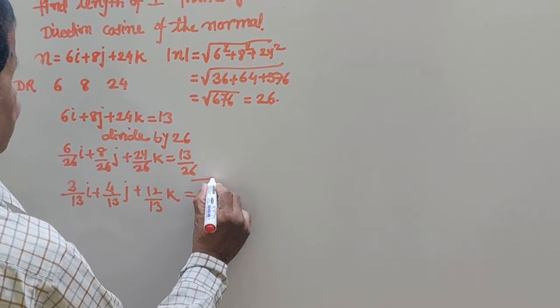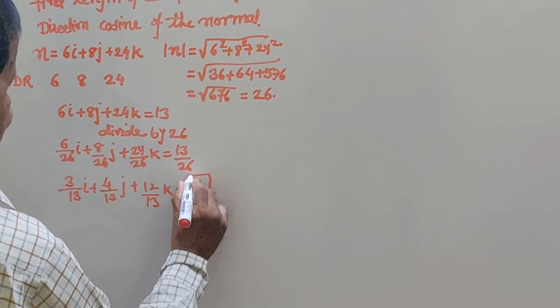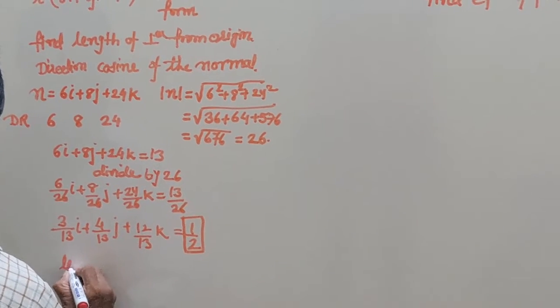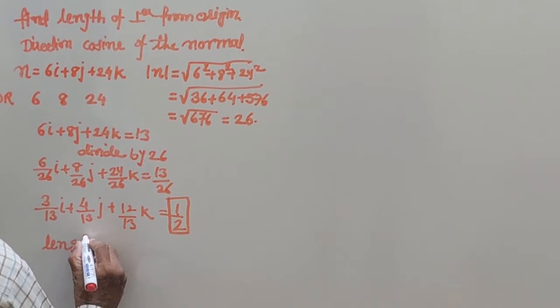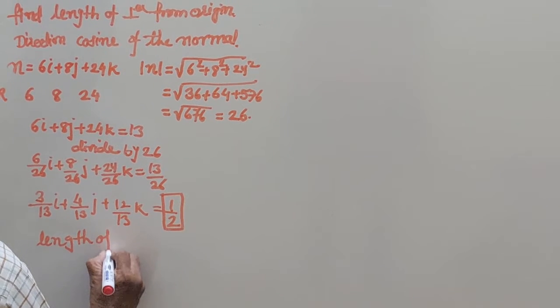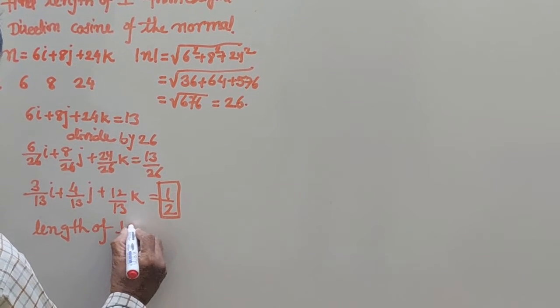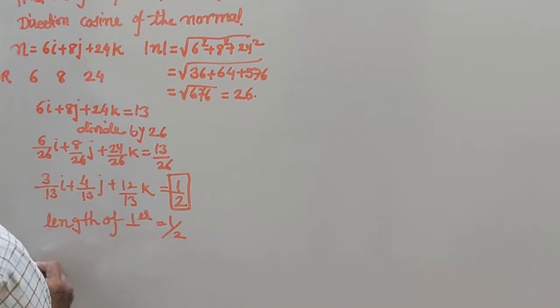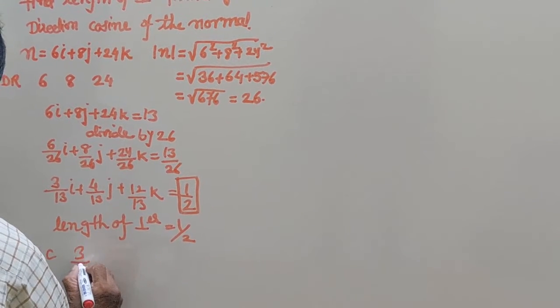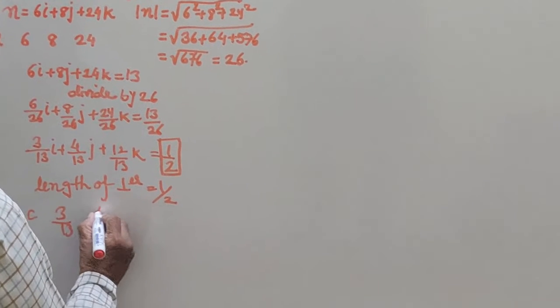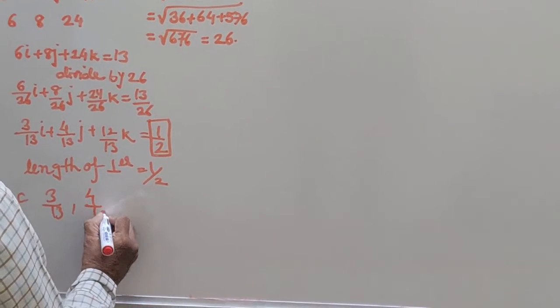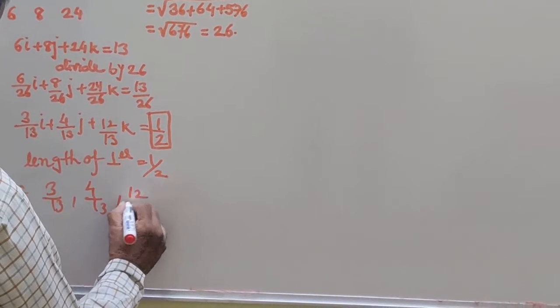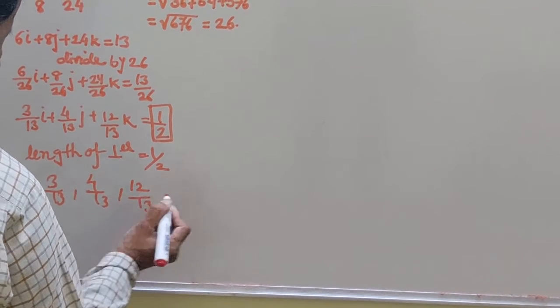Okay. Now this is your perpendicular. Length of the perpendicular is equal to 1 by 2 and direction cosines are 3 by 13, 4 by 13 and 12 by 13. These are the required answer for the given problem.